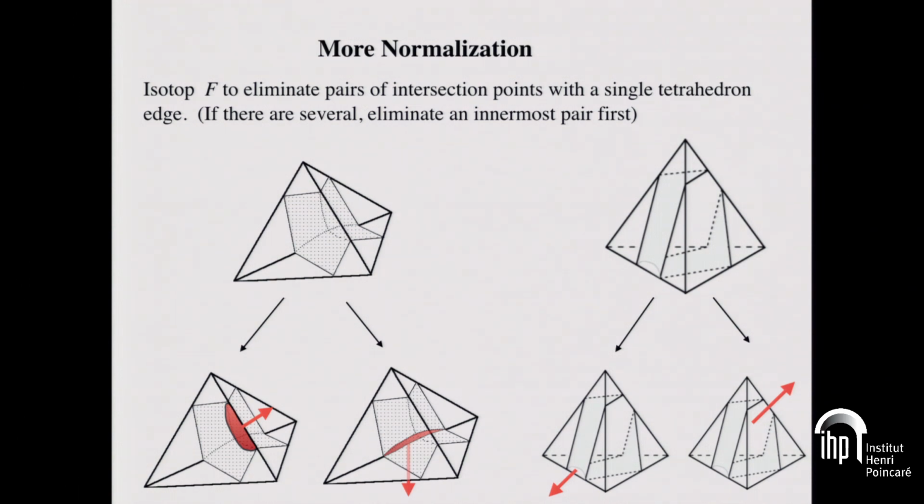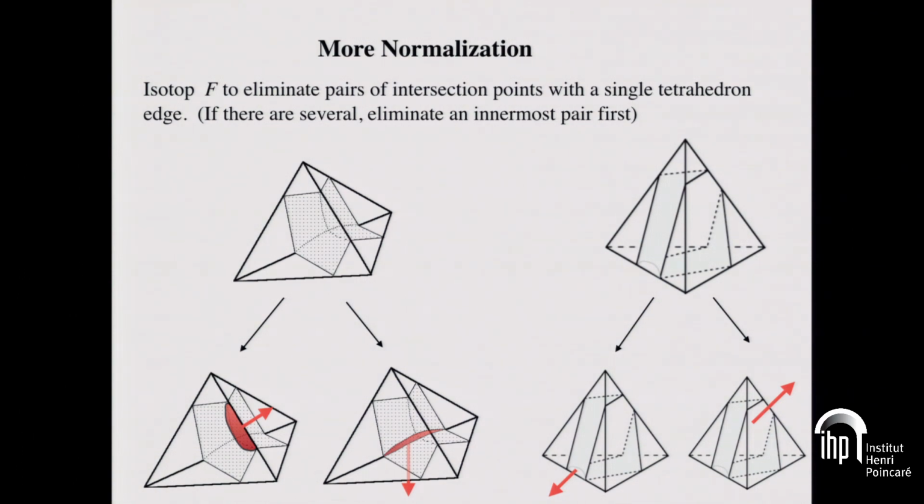They intersect the tetrahedron not in disks, not in triangles or quadrilaterals, but if you just look at a triangular face on the boundary, it looks just like the intersection with a triangle or a quadrilateral. It just has these arcs going between distinct edges. There's no loops and there's no half loops. But these are not normal disks. So what property do they have that we can try to get rid of?